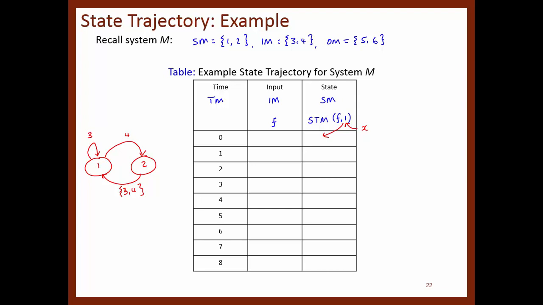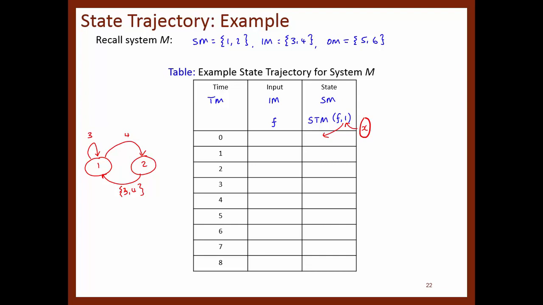Remember that we have an initial state. On the state column, you see this STM. That STM has an X, and that X is telling you the initial state of your system. In this case, we are starting our system in state 1.